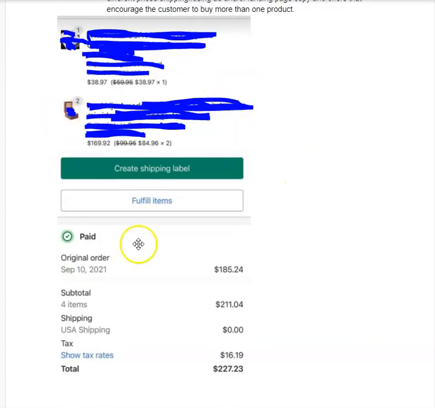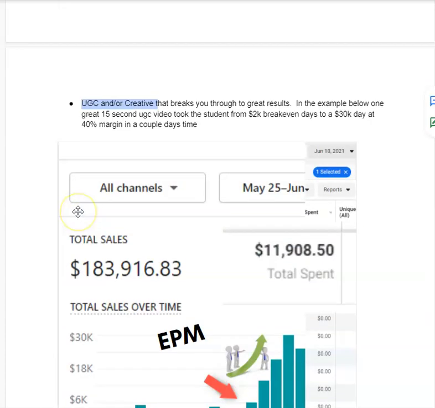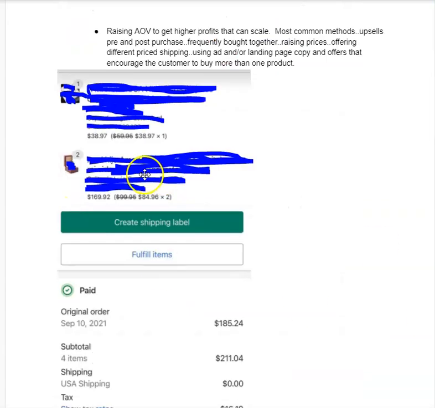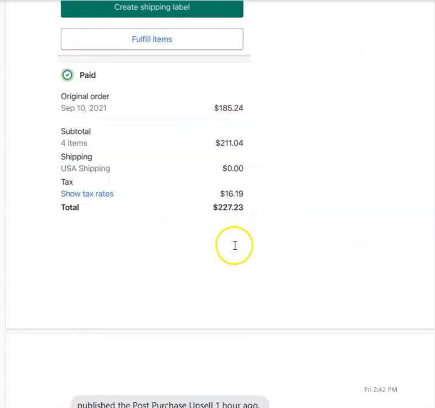So instead of just selling one of these for 50, 60, 80, 90 bucks, whatever it was, he ends up with a $220 order. Now your AOV is so much higher. You can operate at a higher cost per purchase, and you can just crush your competition, even if they're copying your exact product, because they're going to get a sale for 80 bucks and you're getting sales for 220, right?